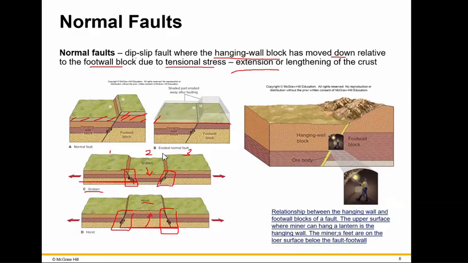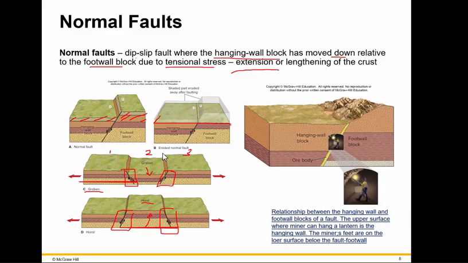All right, and I've said that it's possible for you to get this fault scarp eroded, and then you're left with more or less an eroded surface that won't give you a clue as to what's happening in the subsurface.